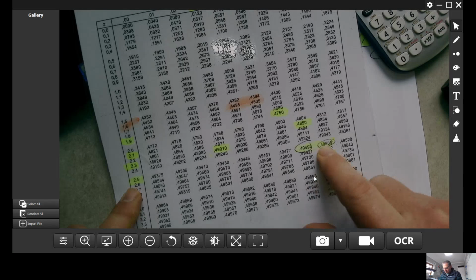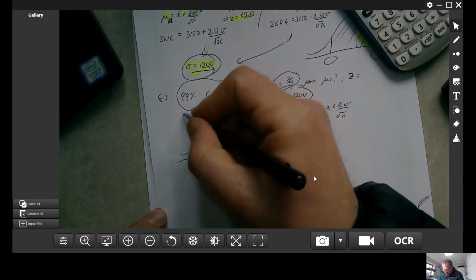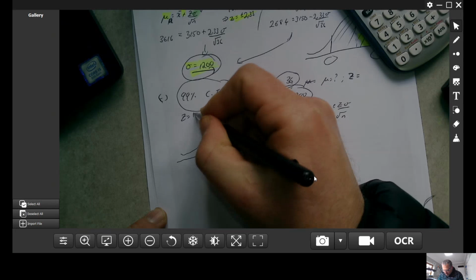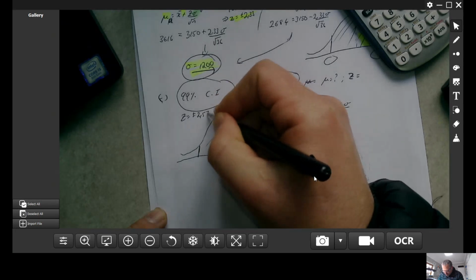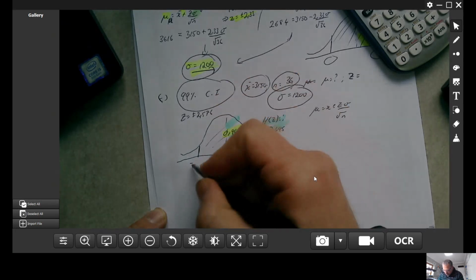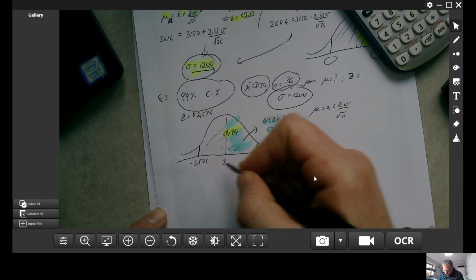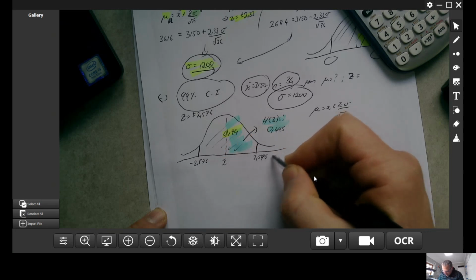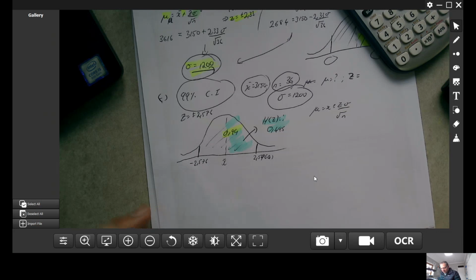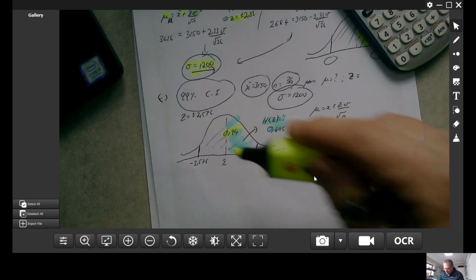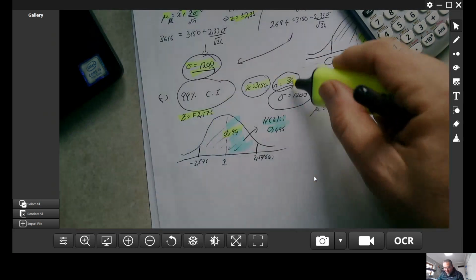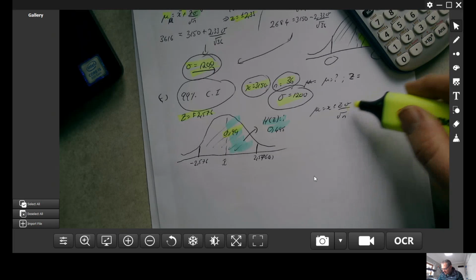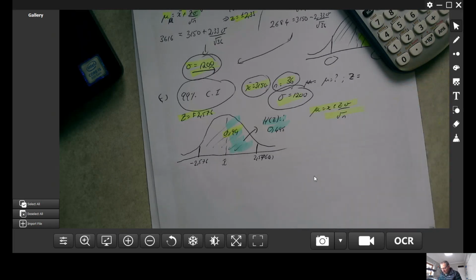It's between those two things, 2.576. So for a 99% confidence interval, that is plus or minus 2.576. That Z score would be negative 2.576 and that's 2.576, that's your Z score over there. So now I've got all the parameters I need. I've got Z, and I've got the formula.